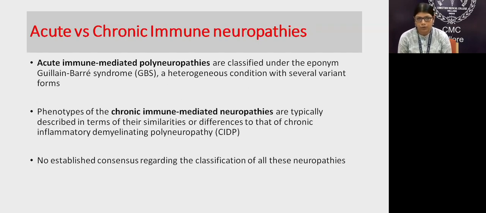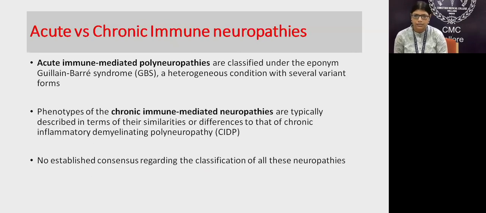And for chronic immune-mediated neuropathies, the phenotypes are typically described in terms of their similarities or differences to CIDP. So CIDP can be typical or variant form or atypical form. So if we have a neuropathy which has gone on for more than 8 weeks, we will try to classify whether it is more typical towards a CIDP or not, or like a variant CIDP, or completely an atypical CIDP.